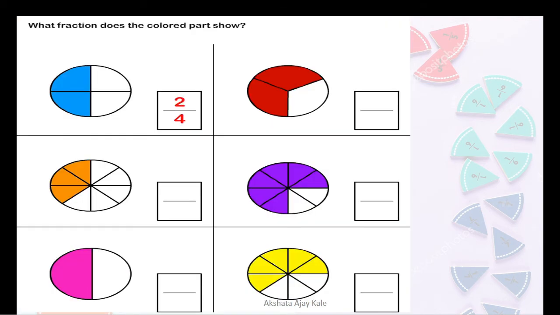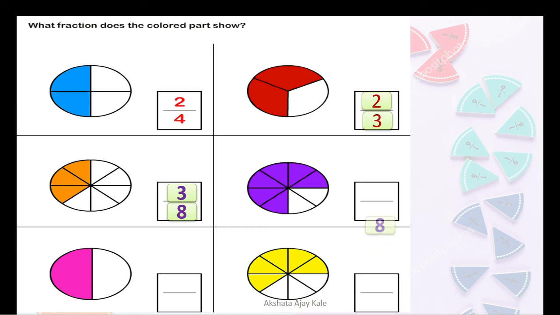Now see this. What fraction does the colored part show? You have to write the colored parts in the fraction form. So we will write fast. This is 3 denominator and 2 shaded portion. Correct? 2 upon 3. Next is out of 8 parts, 3 are shaded.